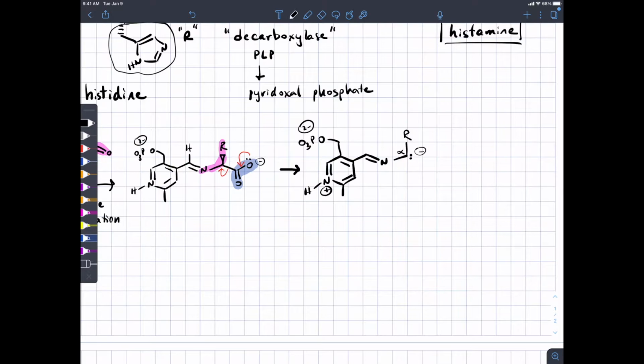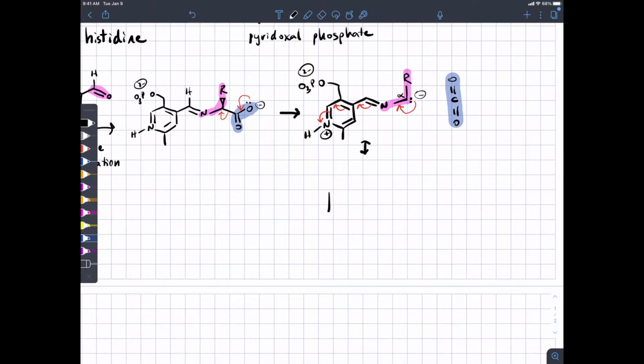So here's what used to be our alpha carbon. Here's CO2 that has left. And notice, I'm going to push arrows to demonstrate how we can delocalize this negative charge via resonance. Of course, you don't need arrows to convert one resonance structure into another because the electrons are not actually moving.